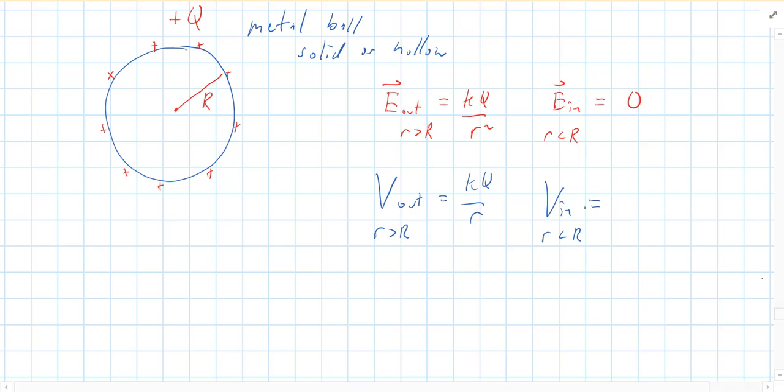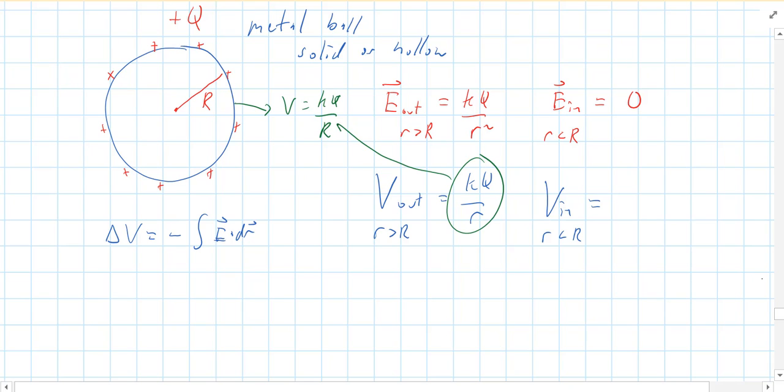Remembering that delta voltage is equal to negative integral E dot dr, we know the voltage at the surface of the ball is going to be KQ over big R. It's just this equation with big R plugged in at that point. Now let's say you kept going toward the center of the ball and you integrate it.